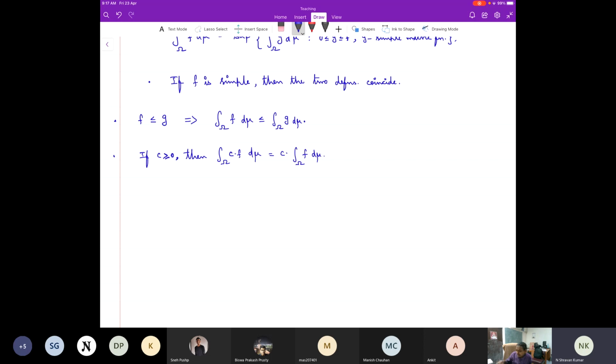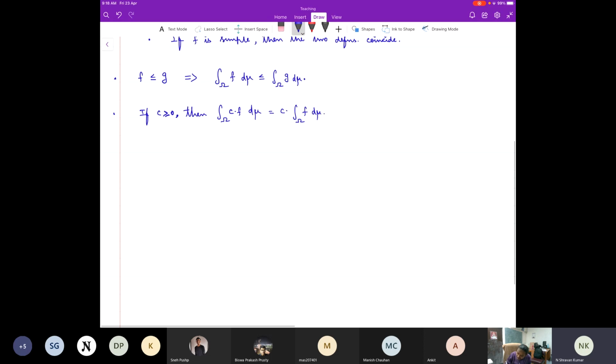Similarly, if g is less than or equal to c times f, then, if c is 0 there is nothing to prove. So let's assume c is non-zero, then 1/c times g is less than or equal to f. And the only thing is that 1/c times g is also simple. So these observations will tell you that you have this equality.